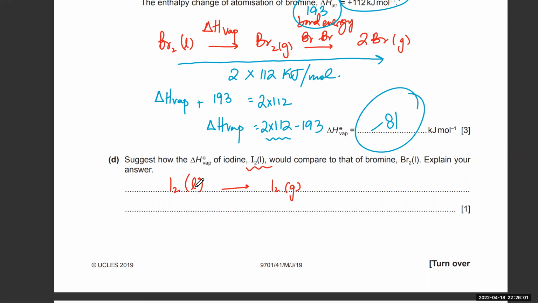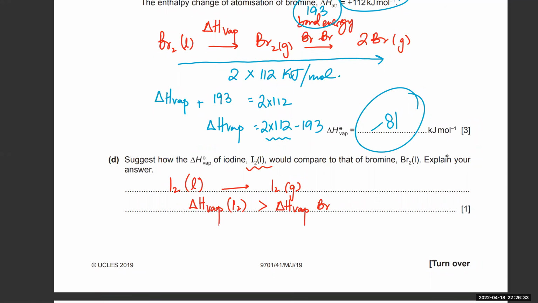Does iodine have more intermolecular forces? Because when you want to turn it into gaseous iodine, you would have to break the intermolecular forces, and you have to explain your answer as well. So the answer is that it's going to be greater. The enthalpy of vaporization of iodine is going to be greater; it's going to require a lot more energy to vaporize iodine compared to bromine.